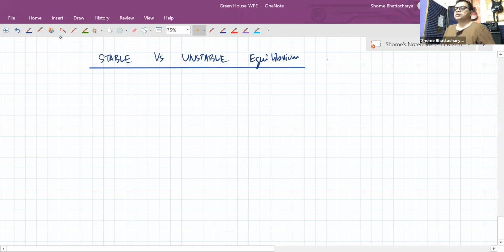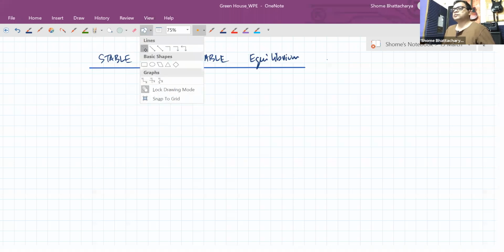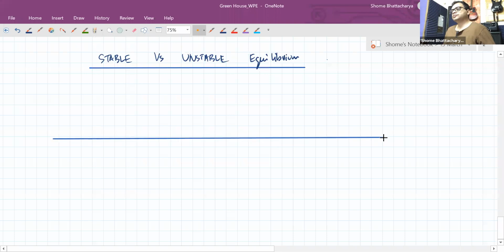So suppose we have a situation where a body experiences zero force at x equal to x1. So this is an equilibrium point.